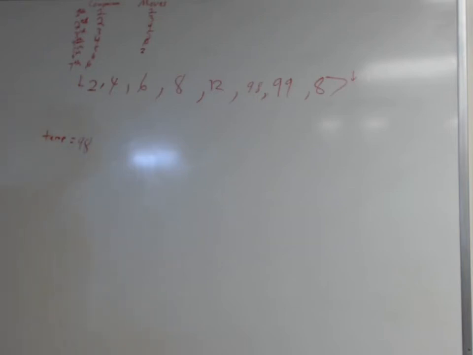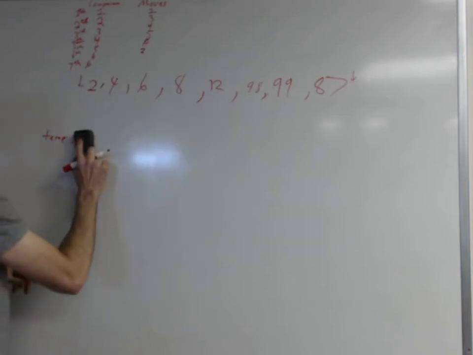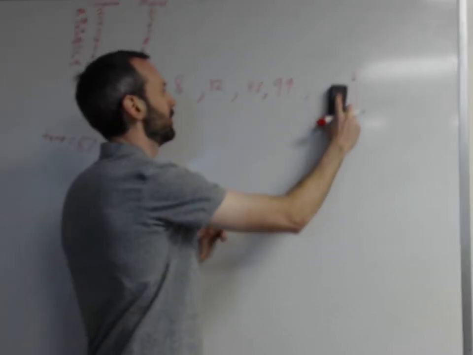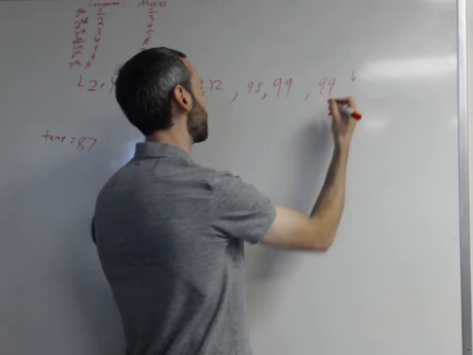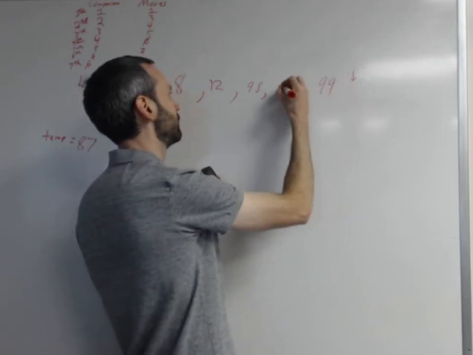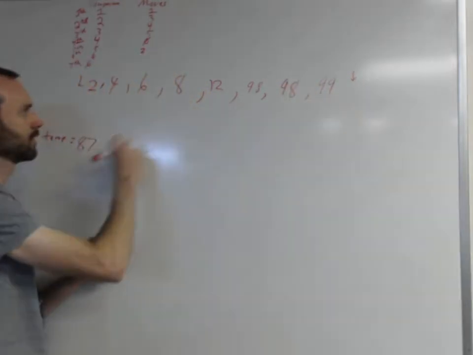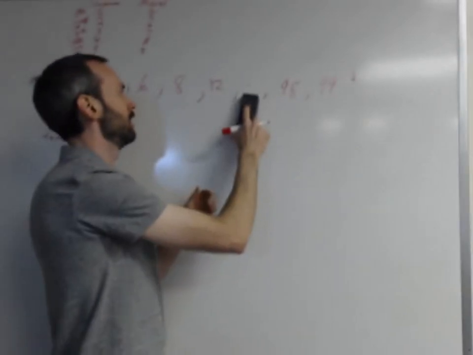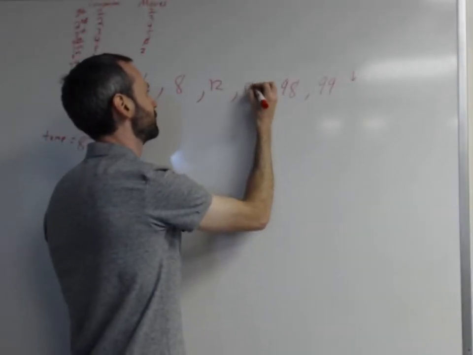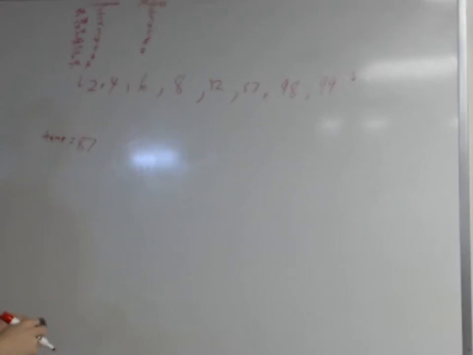So we're going to move the 87 over to temp. We're going to move the 99 over, move the 98 over, and then we're going to move our 87 to overwrite 98. And how many moves was that? 3.